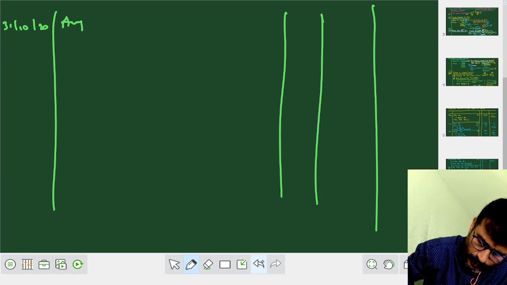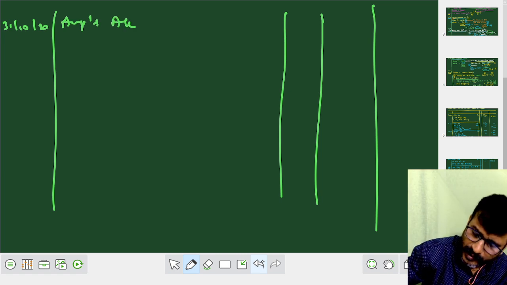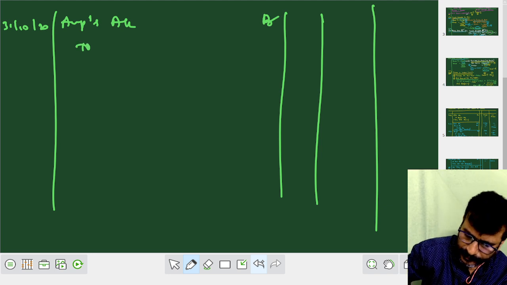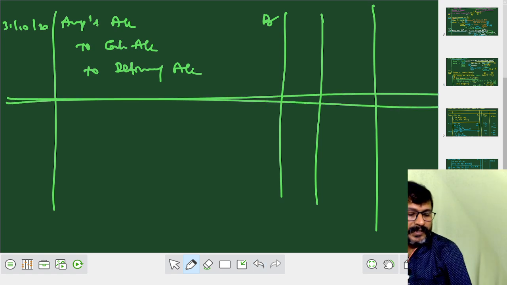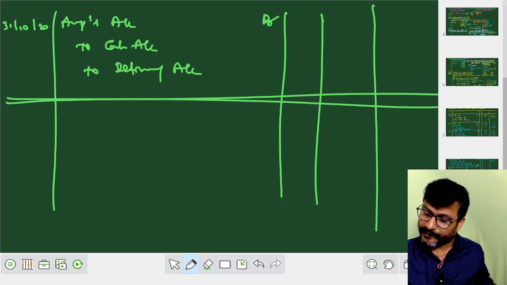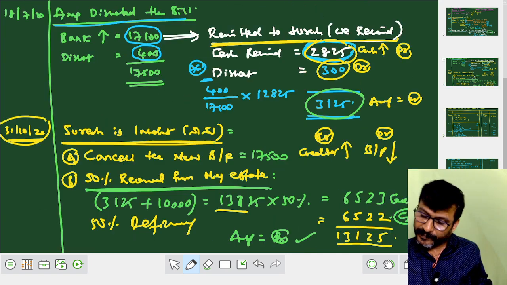So, Anup's account debit to cash account to deficiency account. How much do we have to write? See how much is recovered.